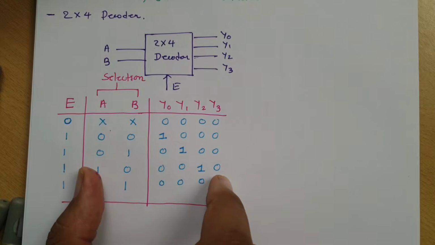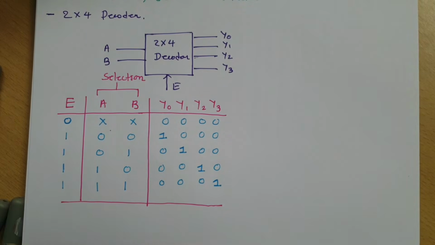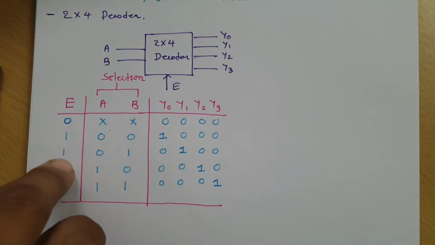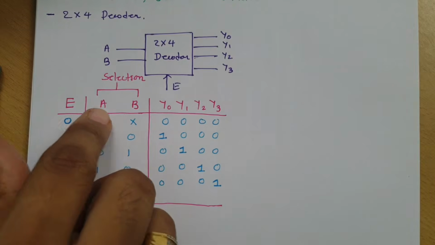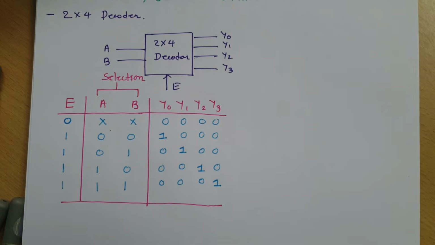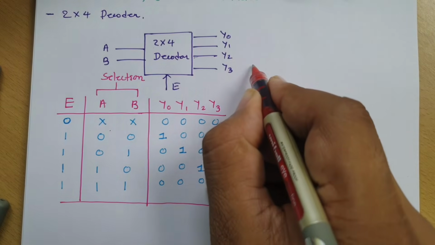Now, if you want to make a circuit of input to output, then here, first I'll ignore this enable line. I'll just see what is happening with the selection line. So here, let us try to draw a circuit with respect to the selection line.